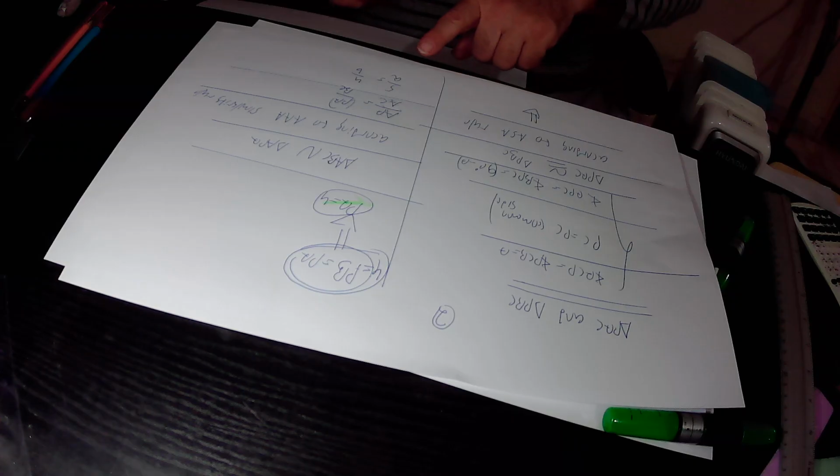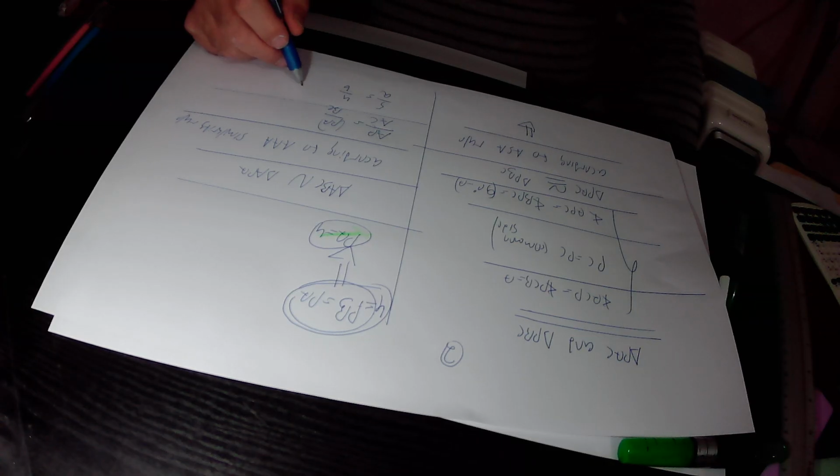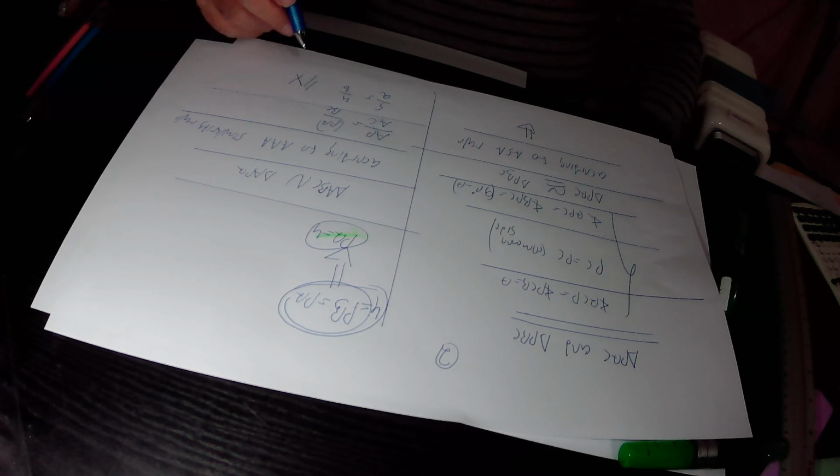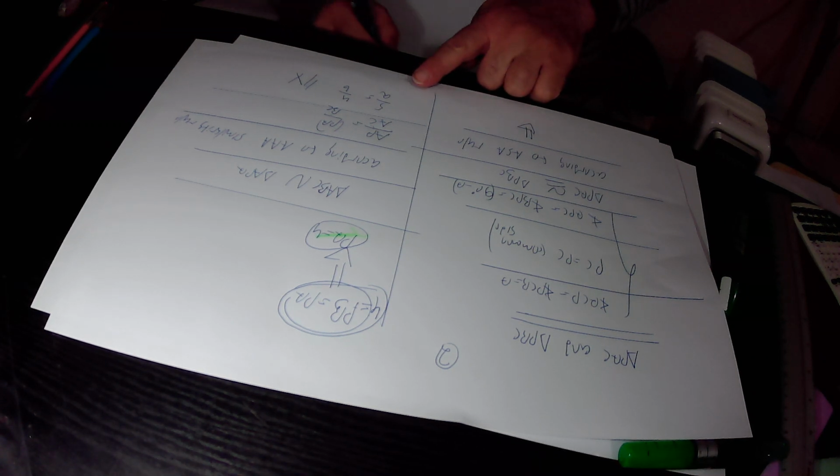So in total we found out that 5 over A equals 4 over B. Here we will cross multiply this equation and we get that 5B equals 4A.